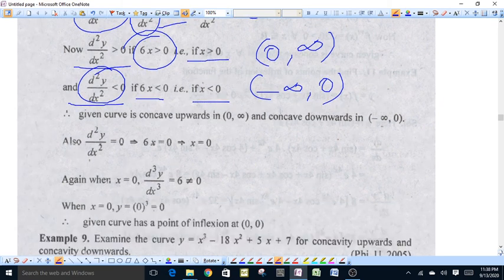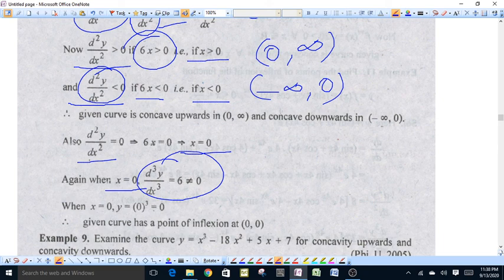For points of inflection we take d2y upon dx square equal to 0. This second order derivative will be equal to 0 when x equal to 0, and third order derivative is not equal to 0 at x equal to 0. This means x equal to 0 is a point of inflection.